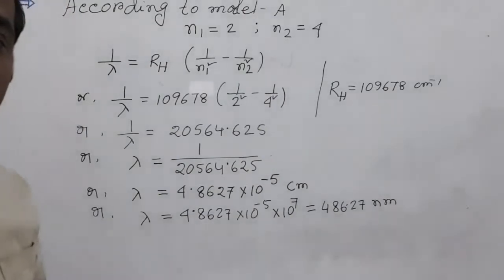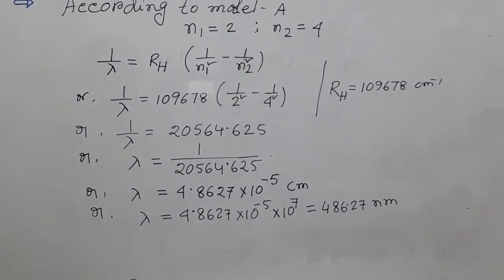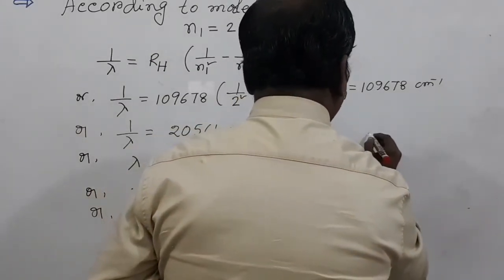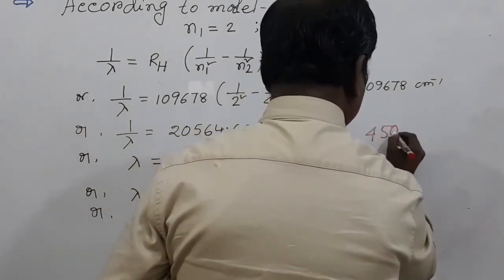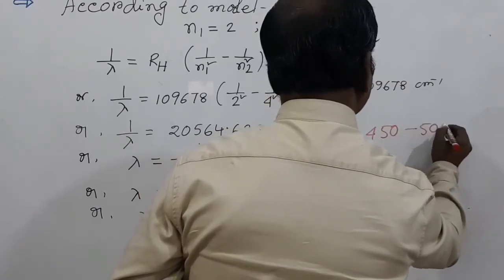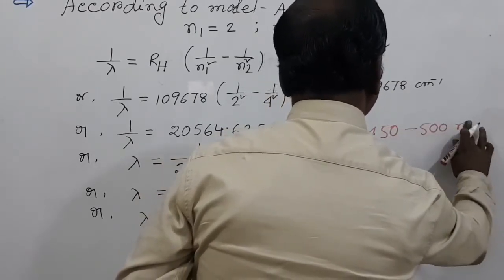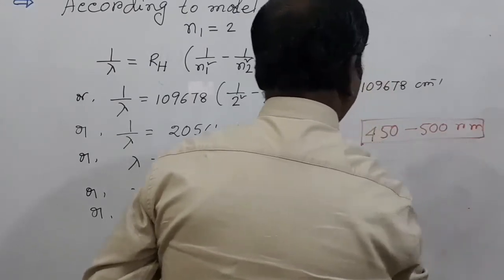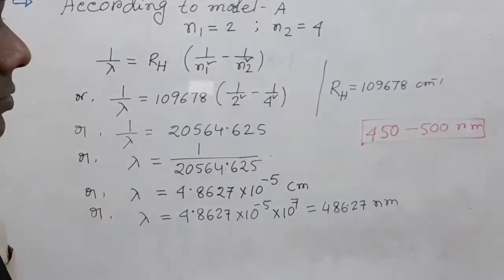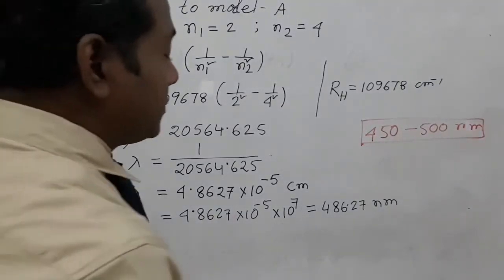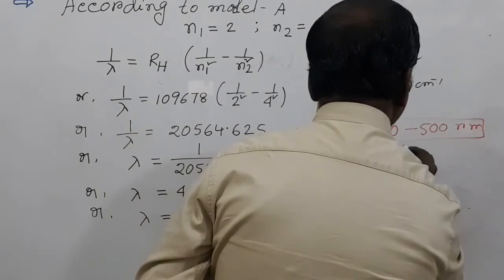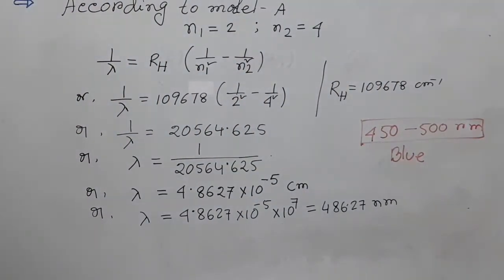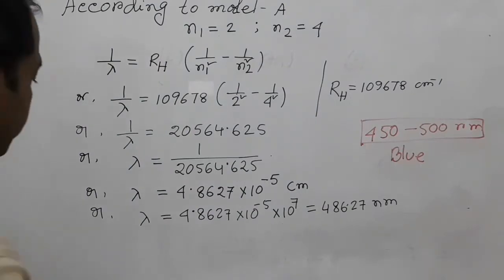My dear students, we know that light with wavelength from 450 to 500 nanometer, in the visible range, has the color blue. So, the color for the transition is blue.